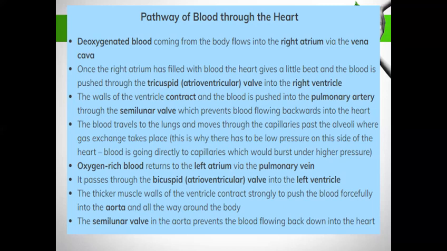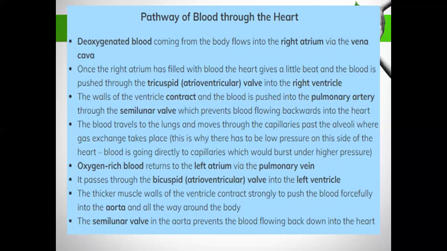Then oxygenated blood enters the left atrium through the pulmonary vein. When the left atrium contracts, this oxygenated blood enters the left ventricle. When the left ventricle contracts, the bicuspid valve closes and the aortic valve opens, due to which the oxygenated blood enters the aorta.